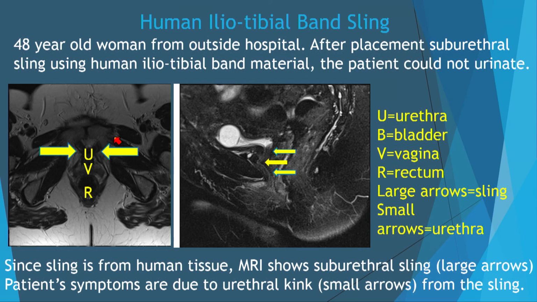That's the iliotibial sling. And then on the parasagittal exam, this is the level of the sling, and notice this is the urethra, and it angulates very sharply where that sling was placed. And so it's very clear that in this particular case, the problem the patient has is due to a sling which was placed too tightly.